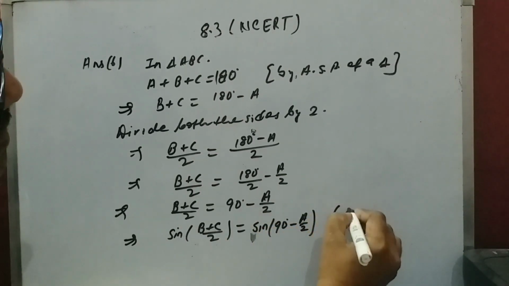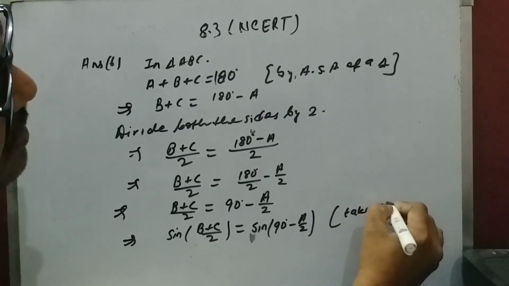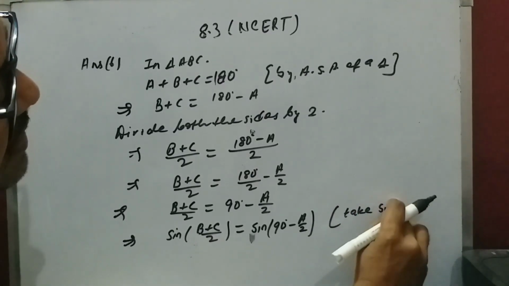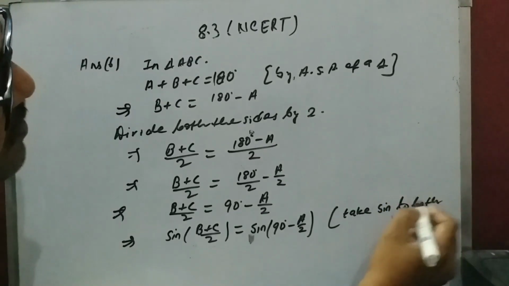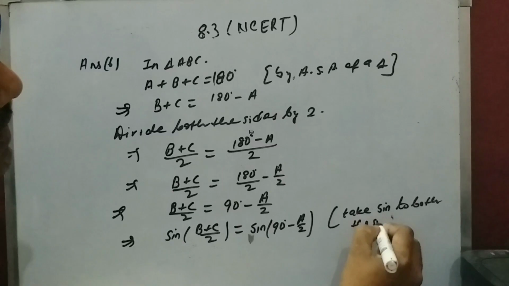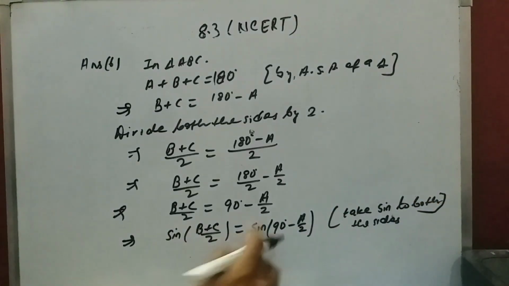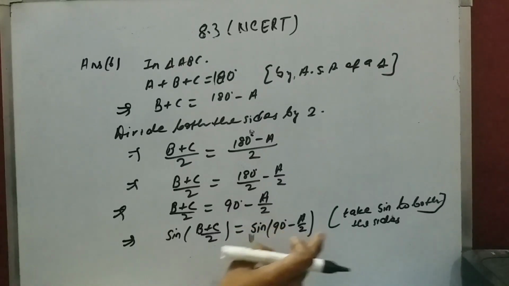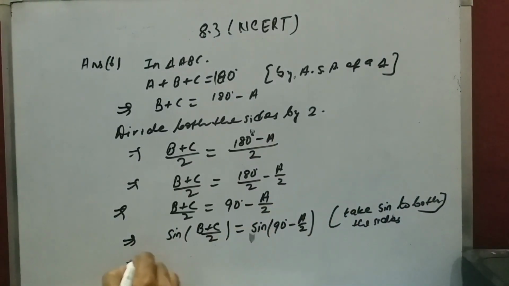You will write 'take sine to both the sides'; you will not write 'multiplying both sides by sine'.